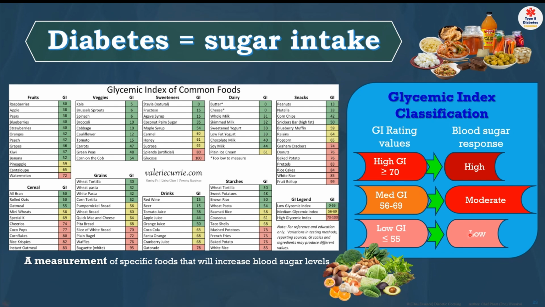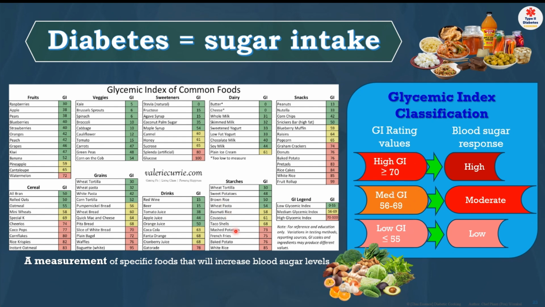So you will know that is low blood sugar, low glucose. If I want to eat pizza bread, the glycemic index is 68, which is almost moderate.